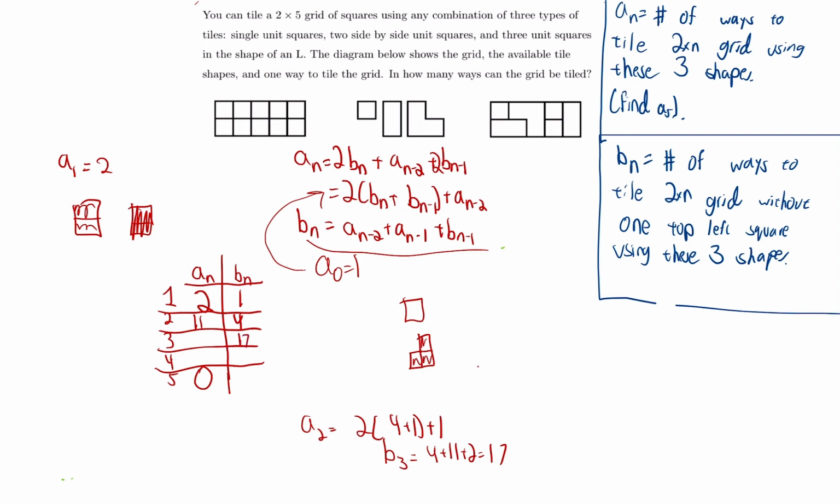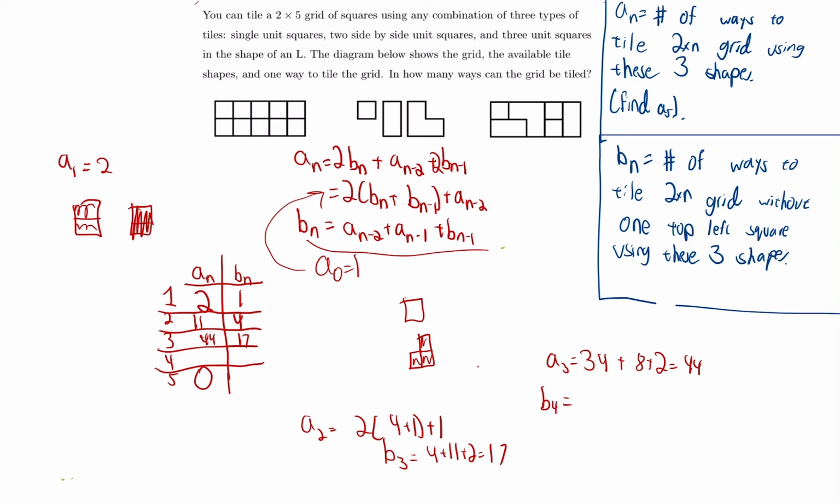So then a of 3 is going to be equal to 2 times b of n, so it's 34, plus 2 b of n minus 1, so it's plus 8, plus 2, so that's going to be 44. Okay, so then b of 4, we're getting close.